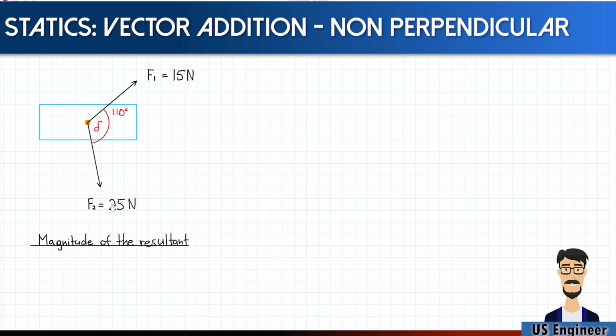If you want to calculate the magnitude of the resultant of these two forces, then you can just use the law of cosines.